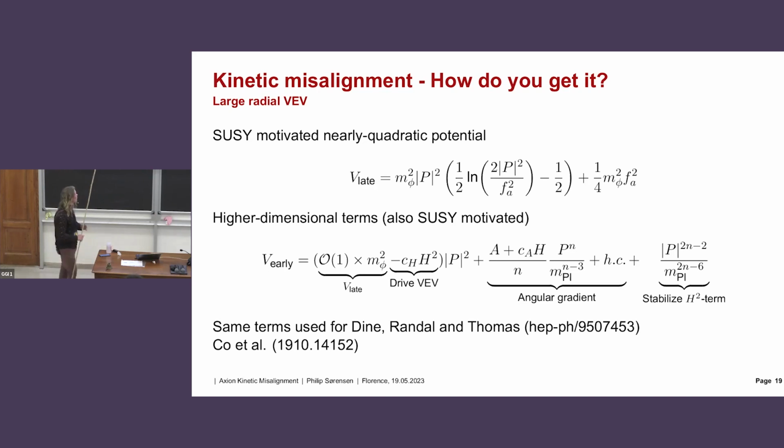In this form, A here is a dimensionful constant related to the axion mass. I think it's something like n has to be larger than 8 or something to not ruin the quality, depending on where you are in the regime.